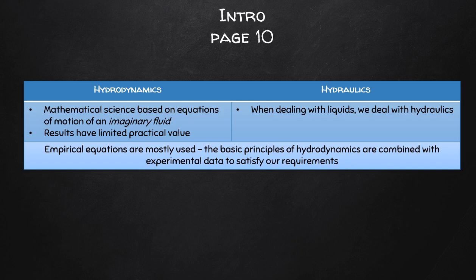However, using the understanding that is developed in these two fields of study, we obtain through rigorous experimentation and experience empirical equations that more accurately describe what we see or what we expect to see in practice. It is these equations which we'll now be introduced to.